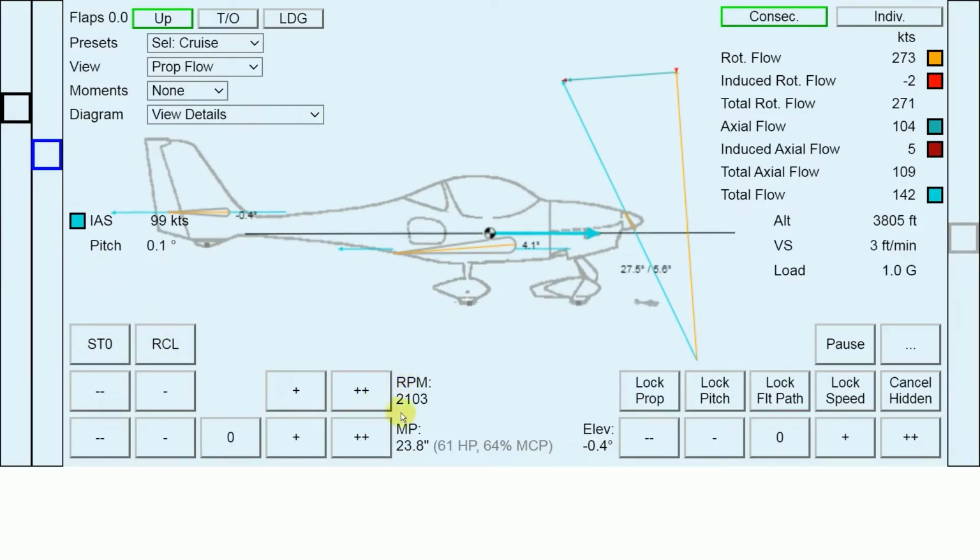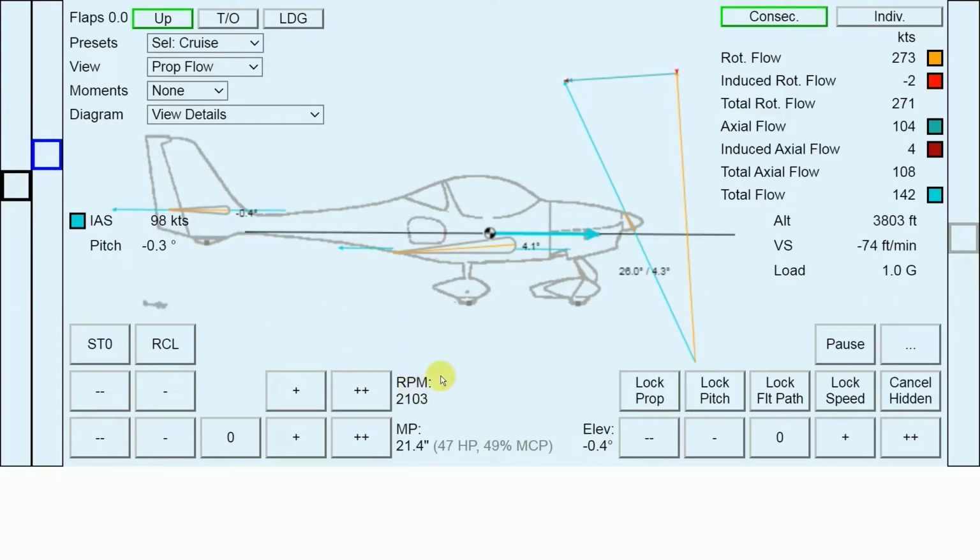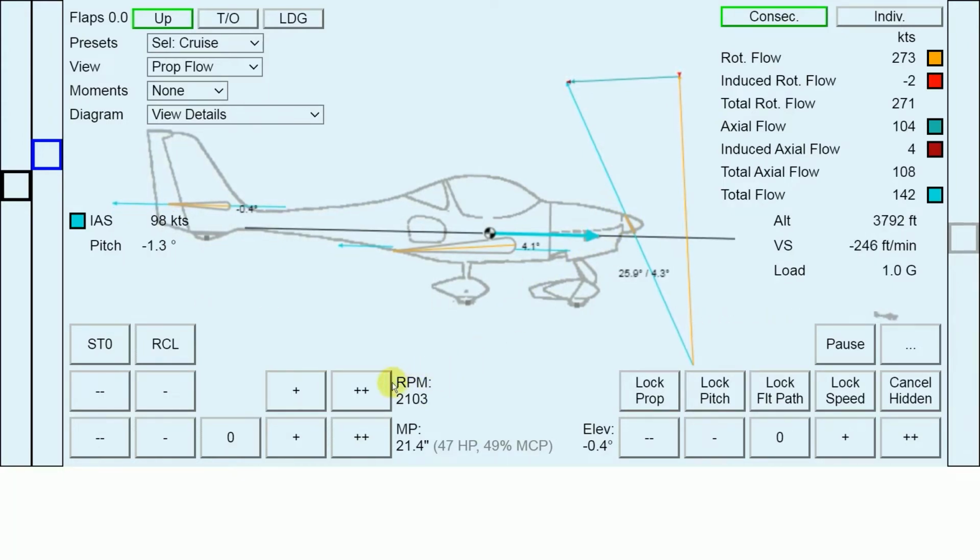For instance, if we set the propeller speed of 2100 RPM and reduce engine power, then the governor decreases the blade angle to prevent the propeller from slowing down. Note that although we reduced power, the propeller still spins at 2100 RPM.